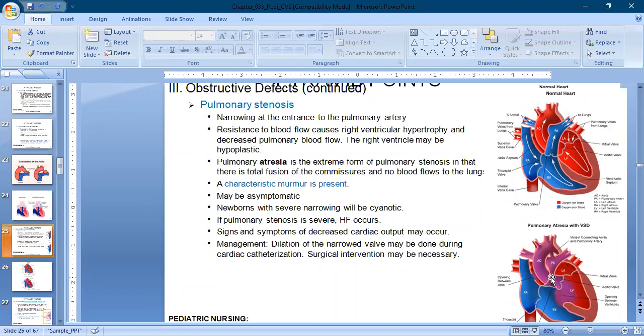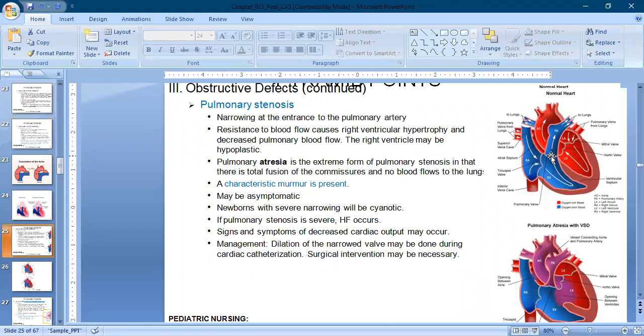This is also an obstructive pulmonary defect, right? So pulmonary stenosis is basically narrowing of the pulmonary valves.